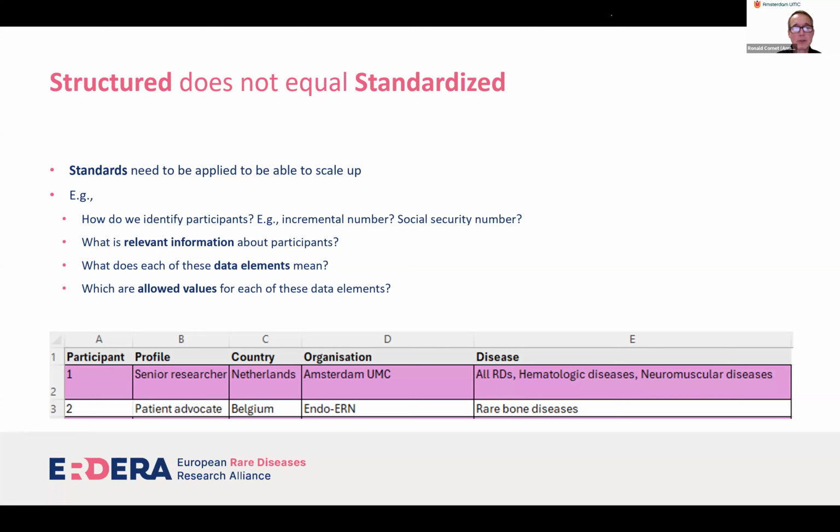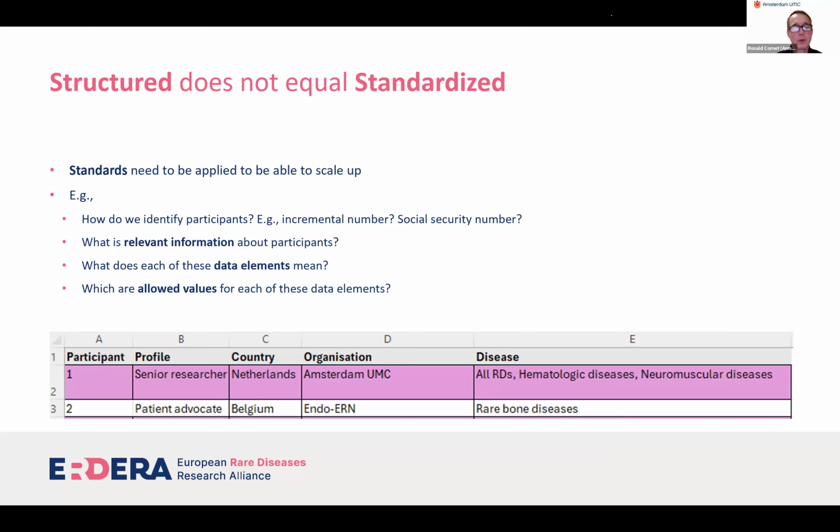And if we know what we want to capture, then the question is, what's the exact meaning of data elements? So is country the country where I live, the country where I was born, the country where my organization is? And disease in this context clearly, hopefully, doesn't mean having disease, but as a disease area of interest.